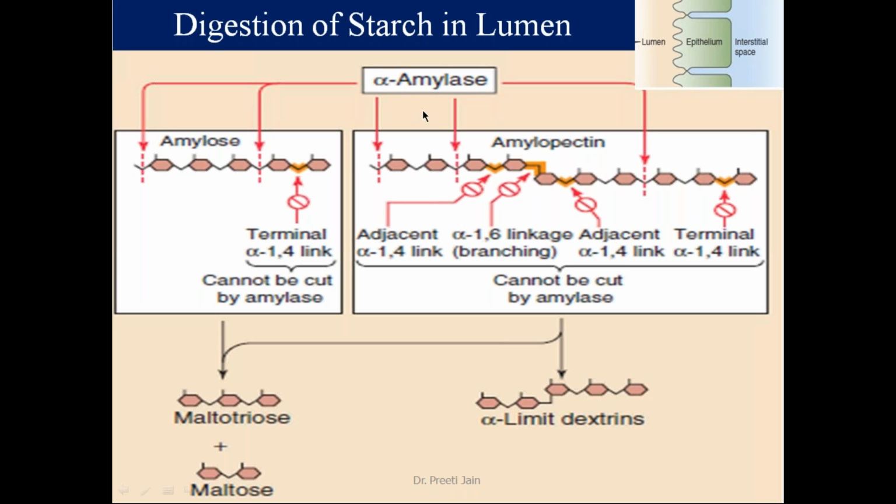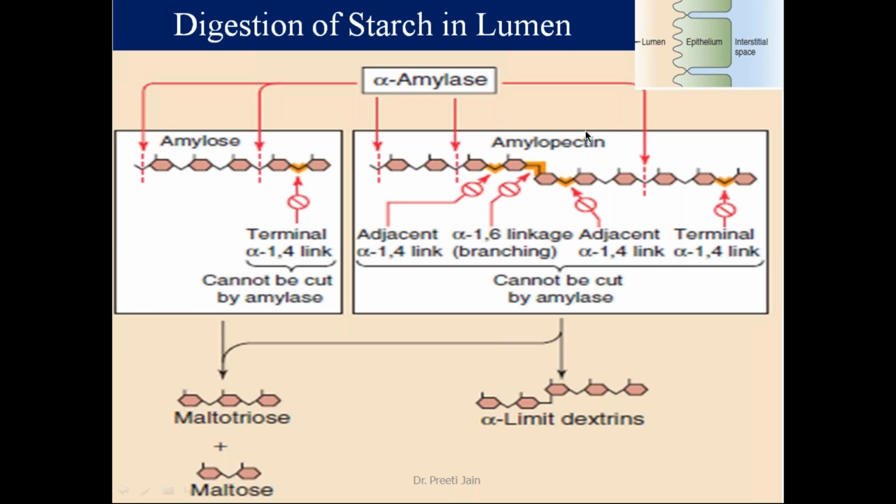But the point to be noted here is that the alpha amylase does not act on the terminal alpha 1,4 linkages, okay? The starches will be either straight chain starches, which are called amylose, or branched chain starches, which you call amylopectin, okay?